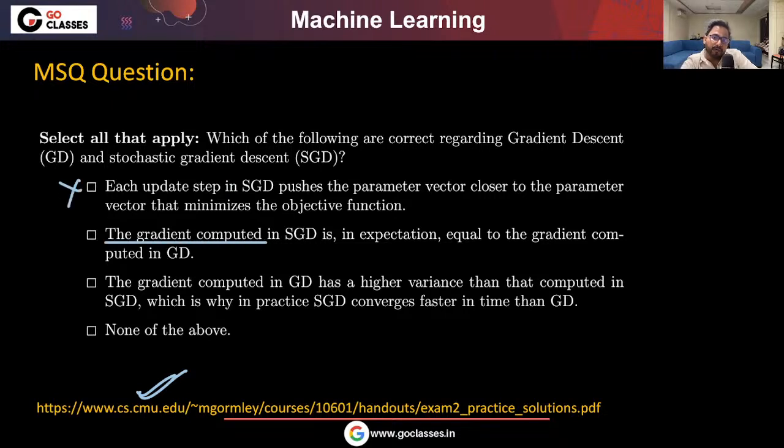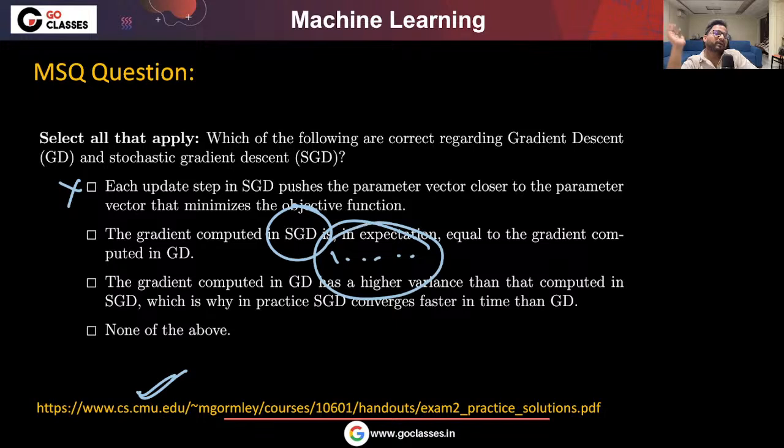The gradient computed in SGD in expectation is equal to the gradient computed in GD. It is a little hard to explain, a little complicated question. Basically they are saying that the gradients you are computing individually for all the points, and you don't know how many iterations you will be running.